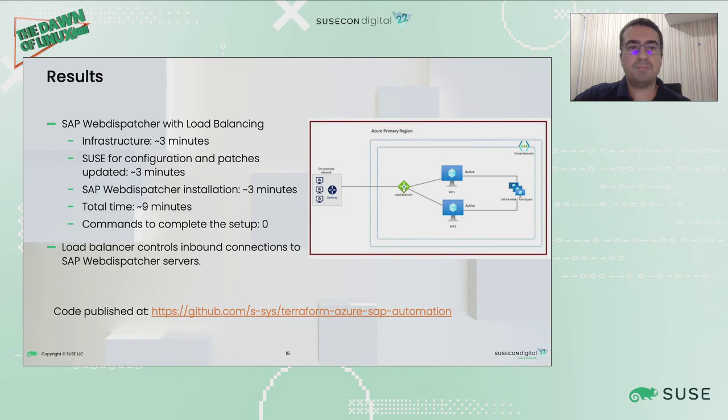We also made some tests using Web Dispatcher with the same approach, but when using Web Dispatcher, we use load balancing to guarantee its high availability, and it takes about 10 minutes to complete the deployment, also with zero commands being run on those systems.